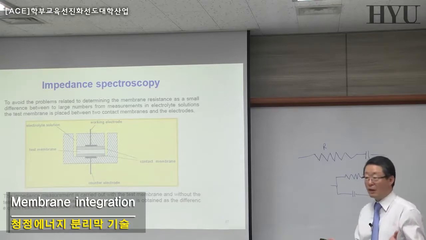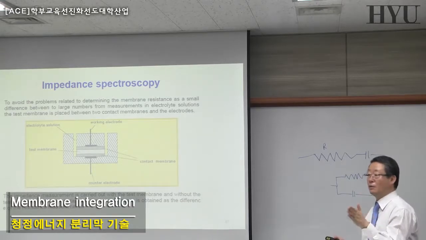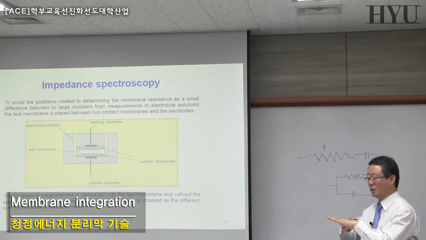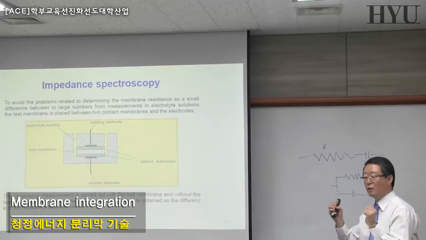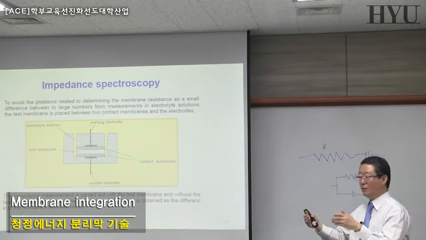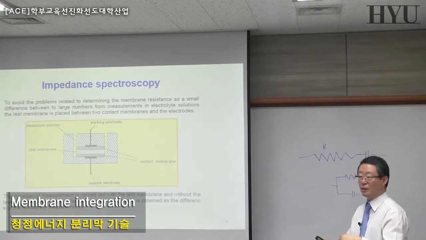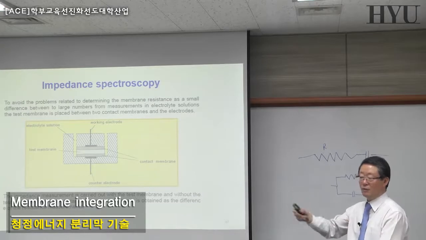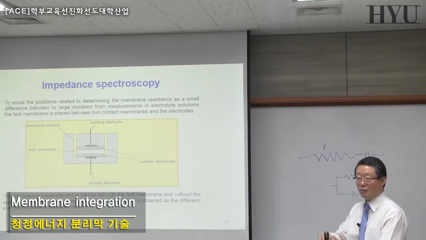There might be some error in the membrane resistance measurement and impedance spectroscopy measurement because of the membrane geometry; membrane surface roughness may give you different results. If you are using a commercial membrane, I think the error between measurements of each different membrane will be quite minimal.